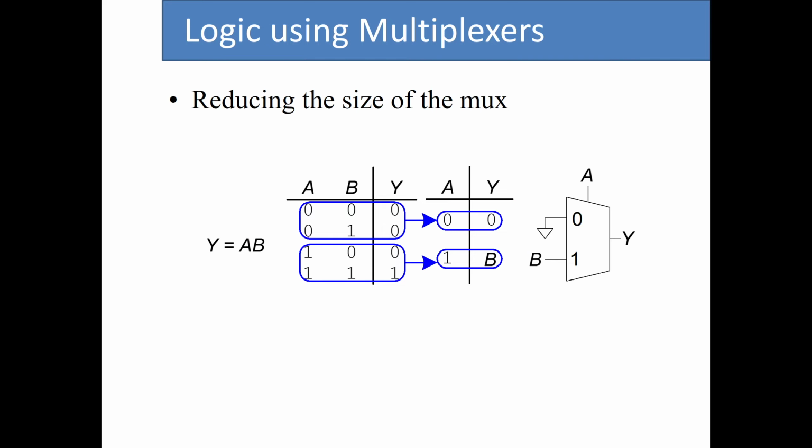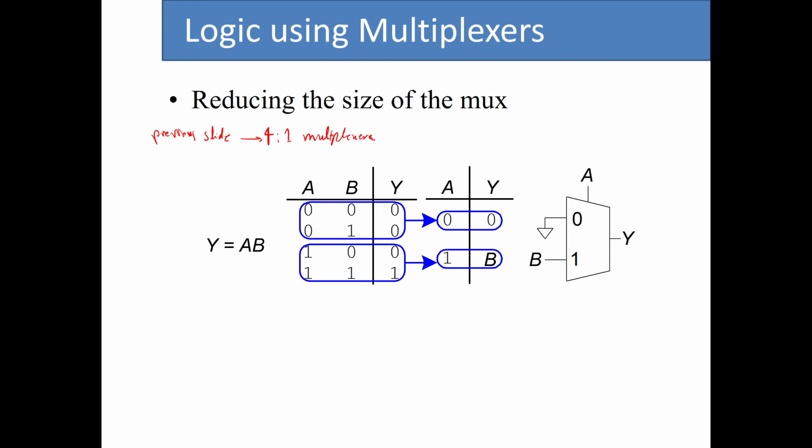It is possible to reduce the size of the multiplexer that we want to use. So for the previous example, in the previous slide, we used the 4 to 1 multiplexer. We can use a smaller multiplexer too, and the way to do it is very straightforward.